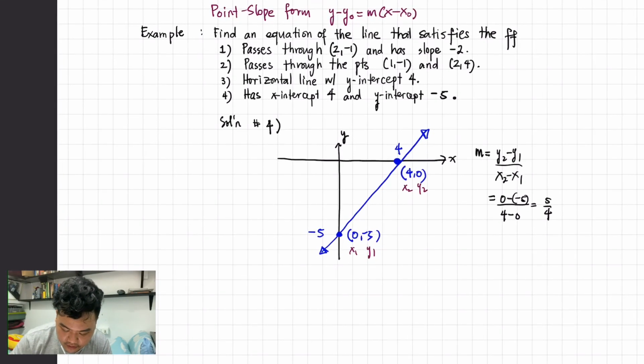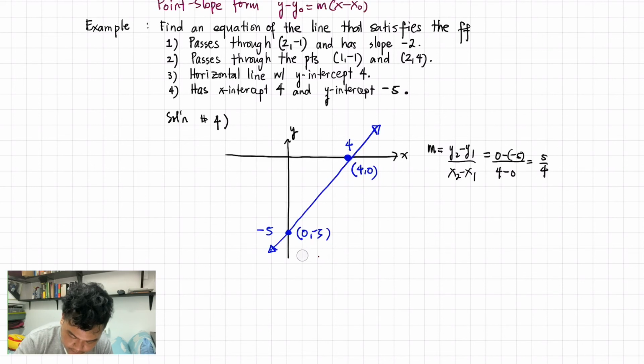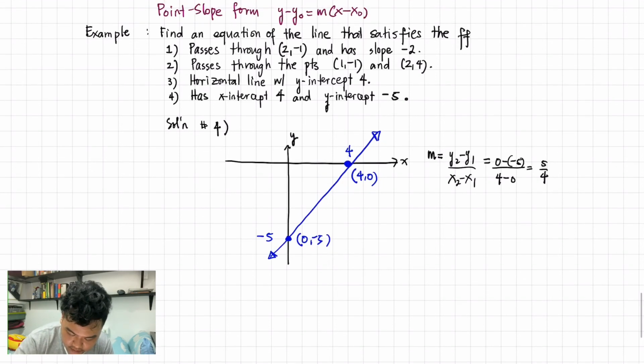Yay! This one is almost done. So remember that our slope is 5/4. Okay. So let me erase that. And what is your x naught, y naught? Just pick one. Let's say this one is our x naught, y naught.